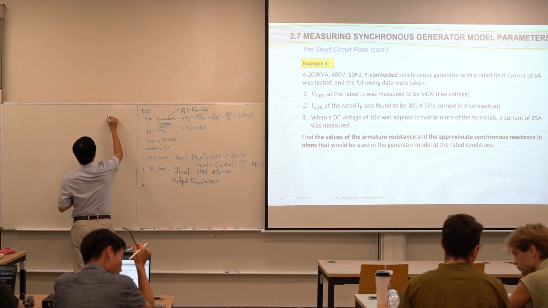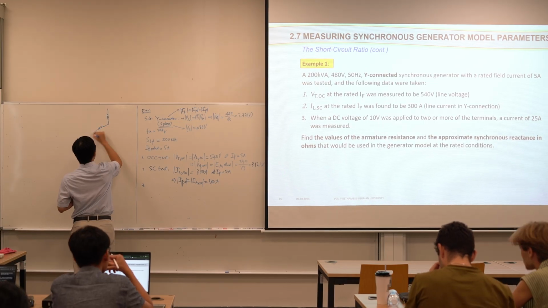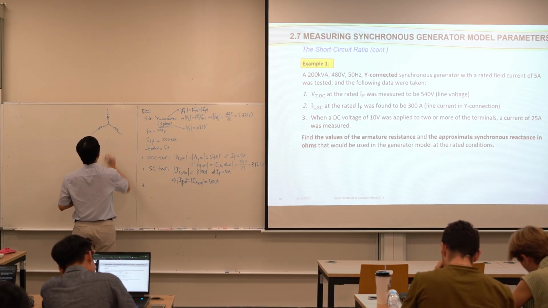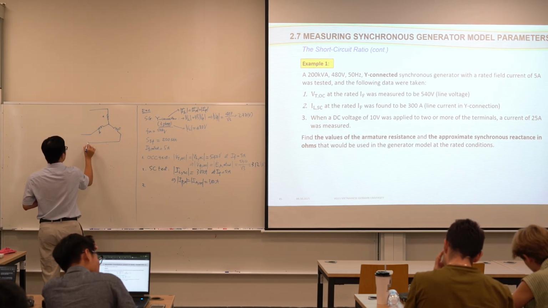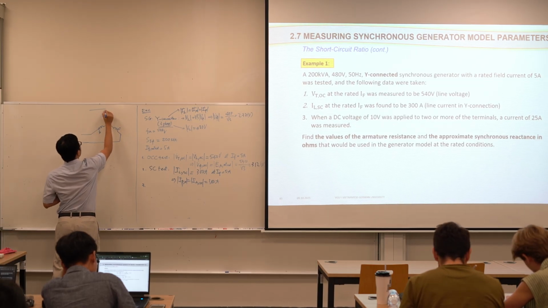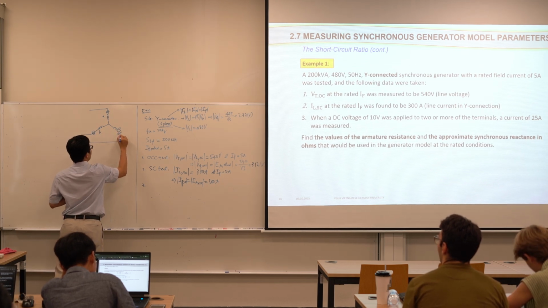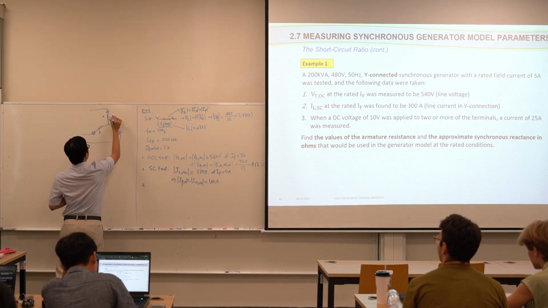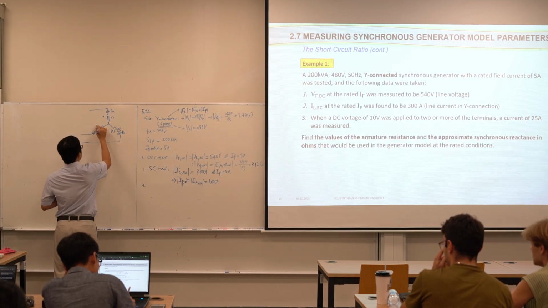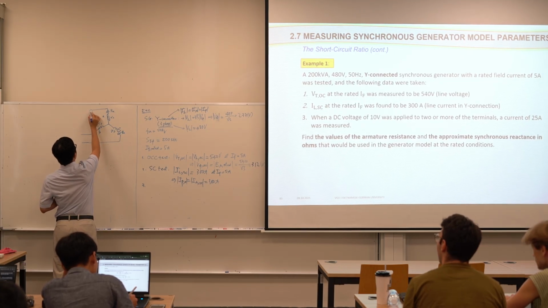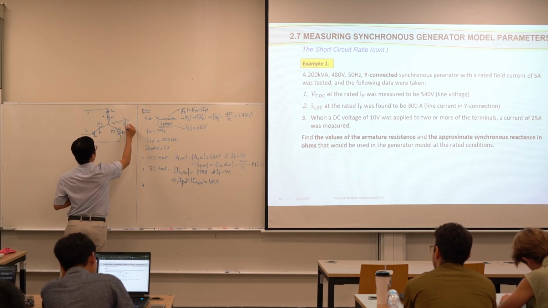So this is the stator, with phase A, phase B, phase C. And we have resistor RA and jXS, similar in each phase. And we have the rotor over there.